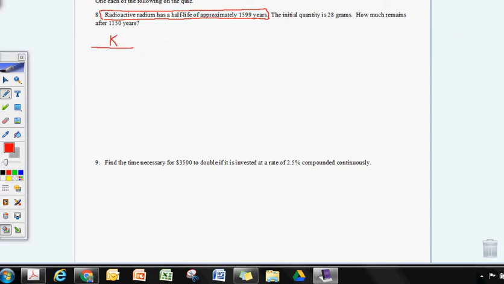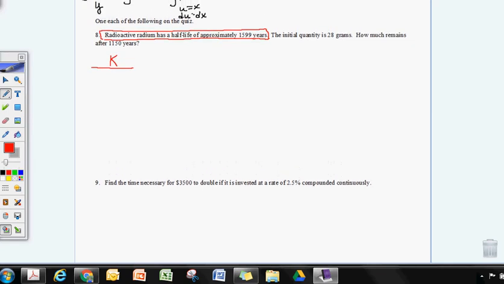Now, something that I assume you guys remember, but I'm not sure: if you remember the equation y equals CE to the KT power, that's the equation that we have to use. C is your beginning, Y is your ending, K is your constant, T is your time.